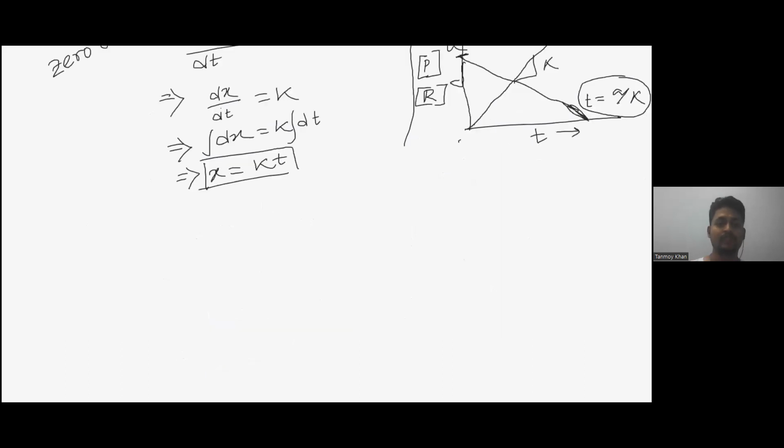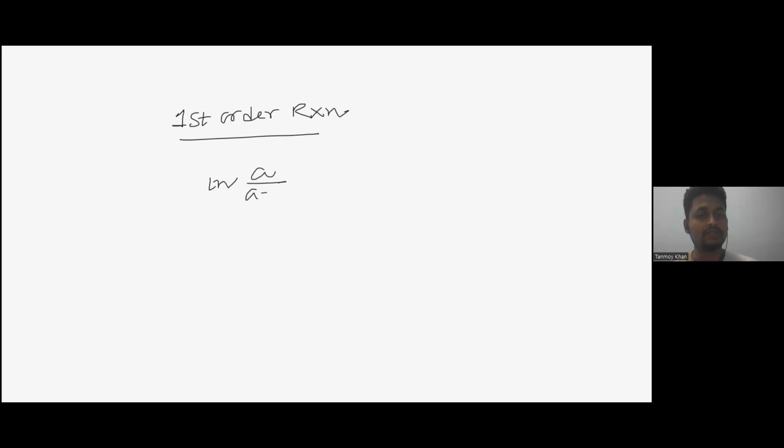Okay, so let me go to something different. This is your homework, right? What is the first order reaction rate law? It is ln A by A minus x is equals kt. The convention is still the same. This is A at t equals 0, and this is A minus x at any time t.